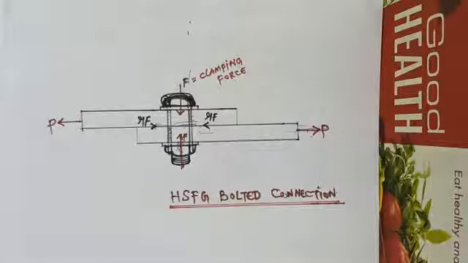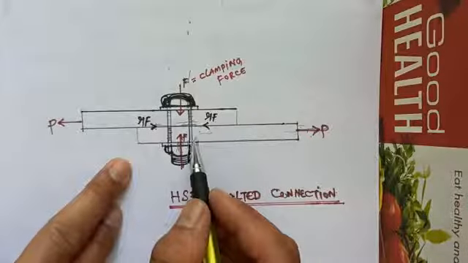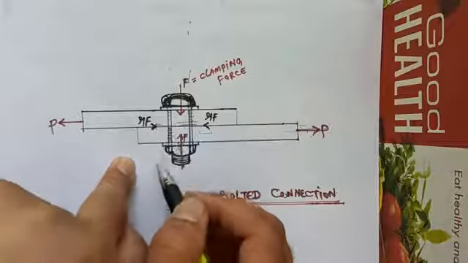Beyond this point, the external force is resisted by the combined action of frictional resistance and the bearing resistance. So once the load is beyond the frictional resistance limit, the external force will be resisted by combined action of friction and bearing.